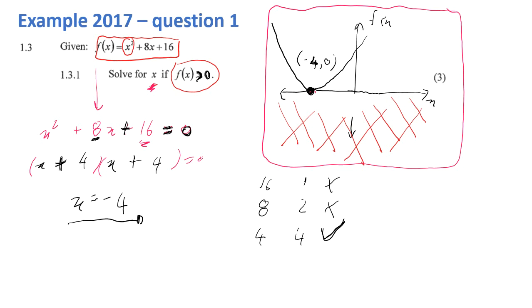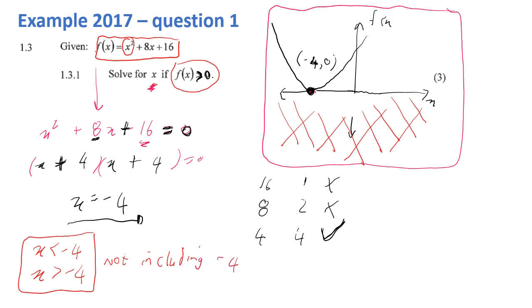So, therefore, the values for x are smaller than -4, and x larger than -4, but not including -4. That's super important because we know that the function value at that point is 0.